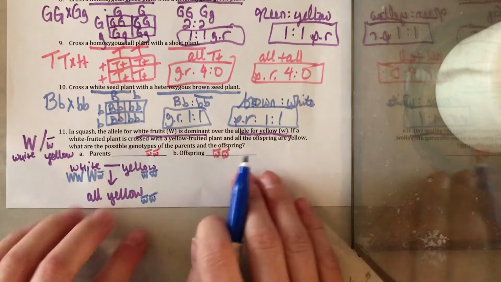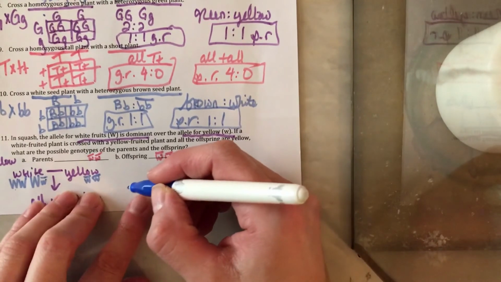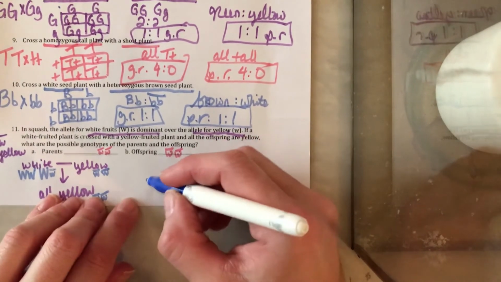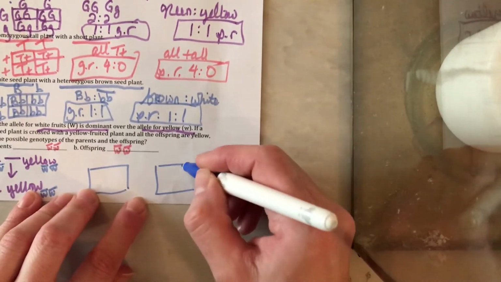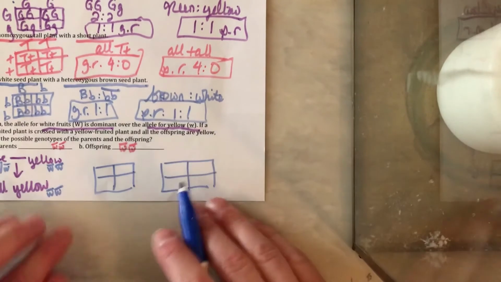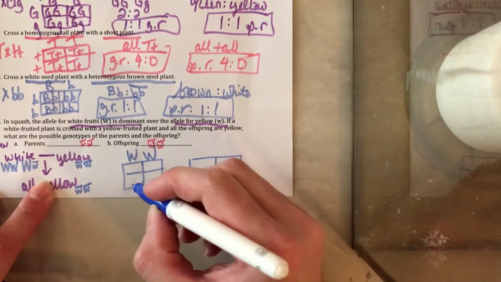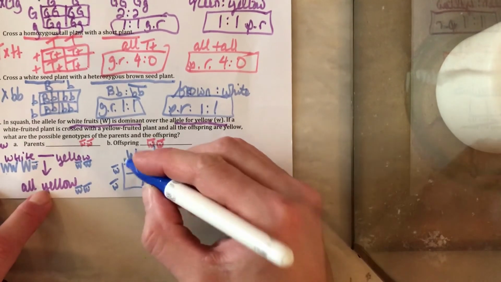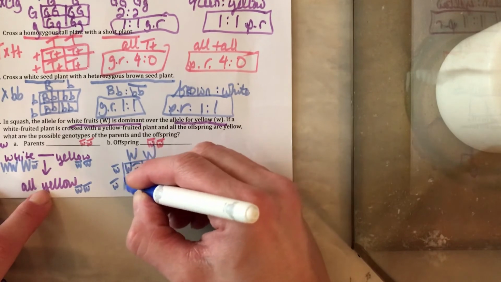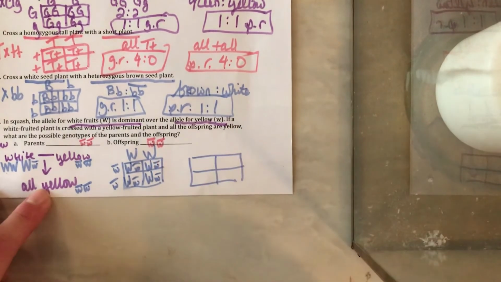Okay, well, we can try the two possibilities. So if it's homozygous dominant versus heterozygous, let's see how the offspring are different. If it's homozygous dominant crossed with the yellow parent, is there the possibility for yellow offspring?